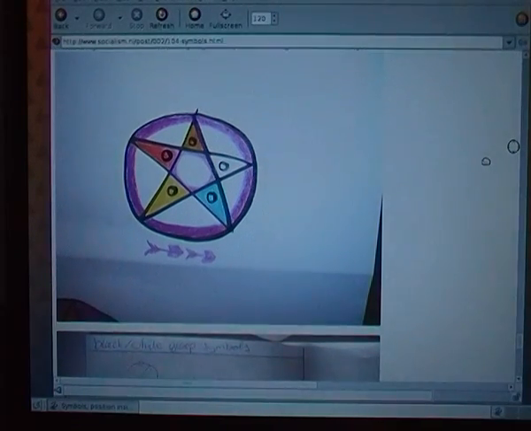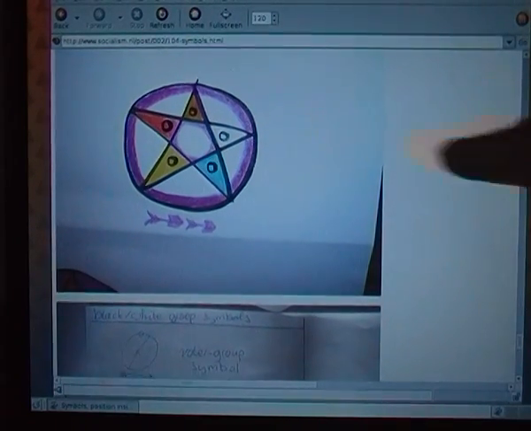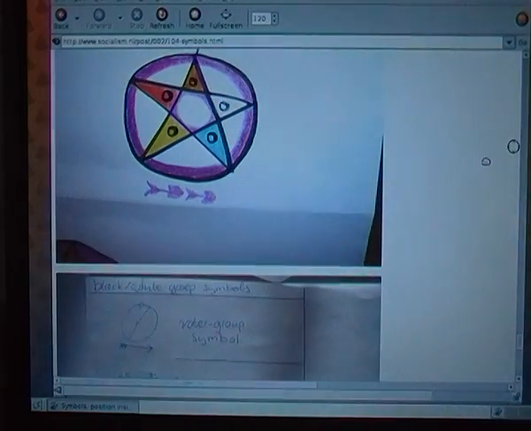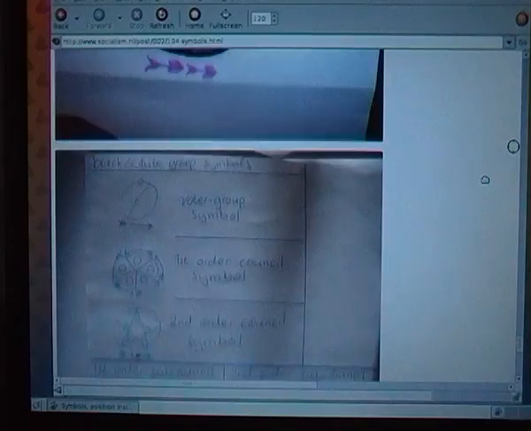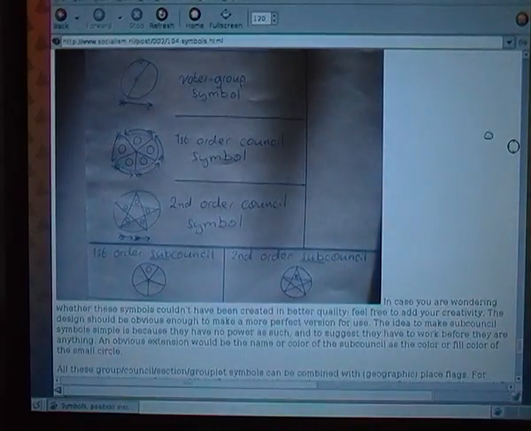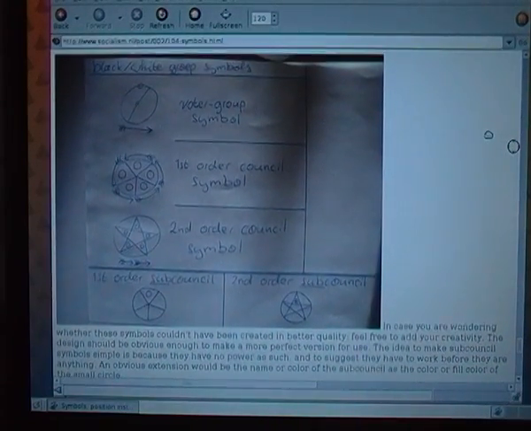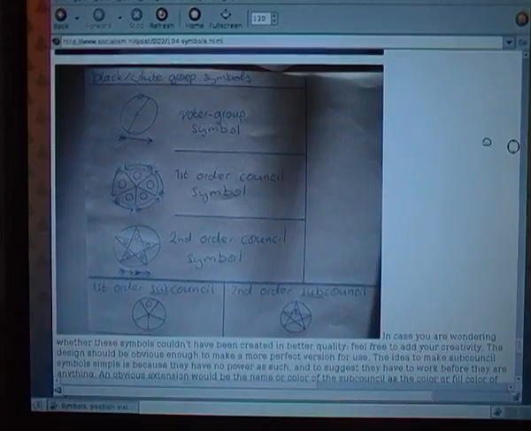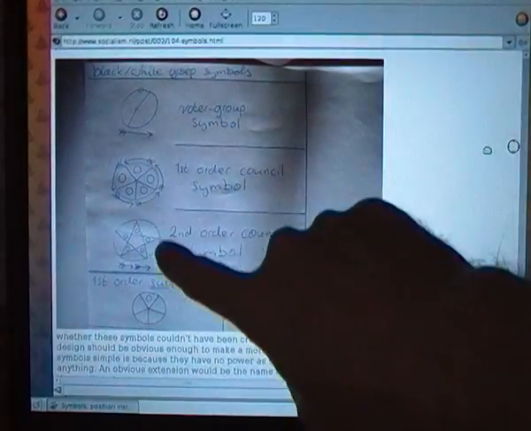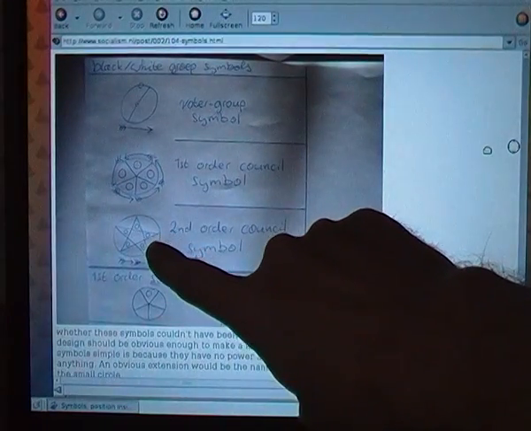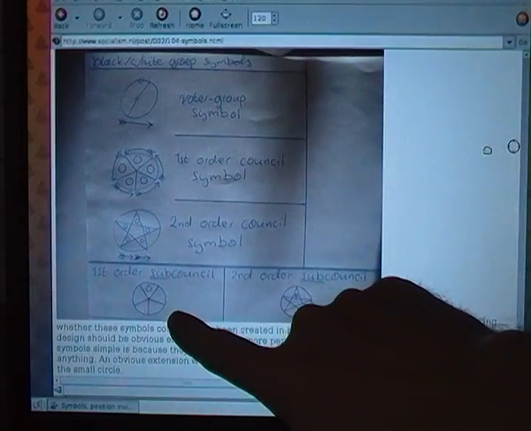This is the alternative with the little round circles in there. And here are black and white for it. Voter group in black and white, local council, twice elected council.